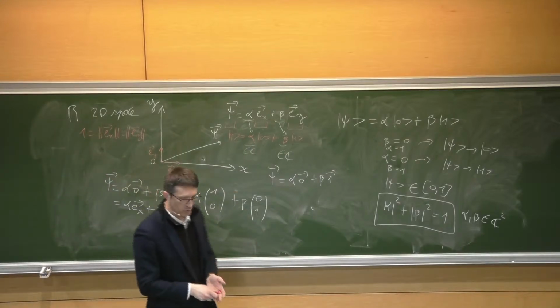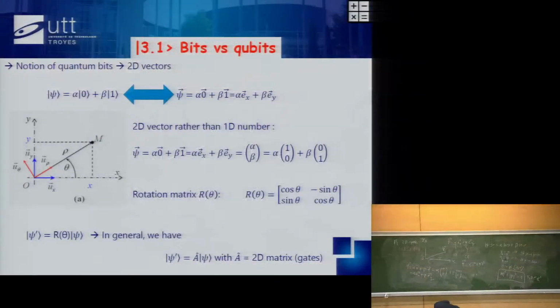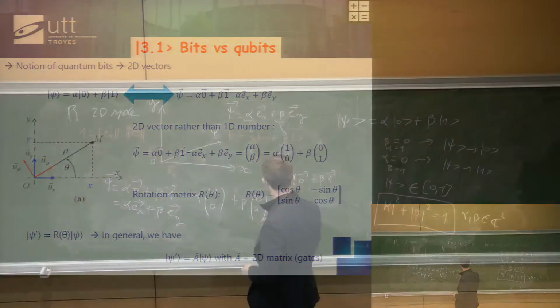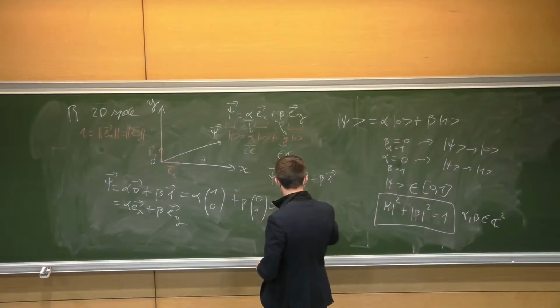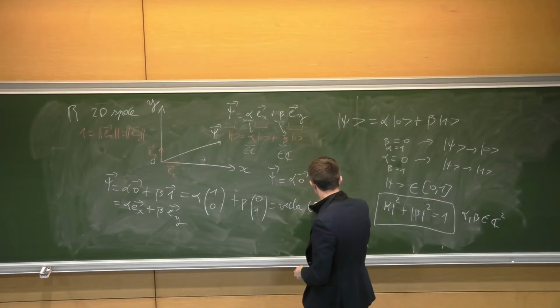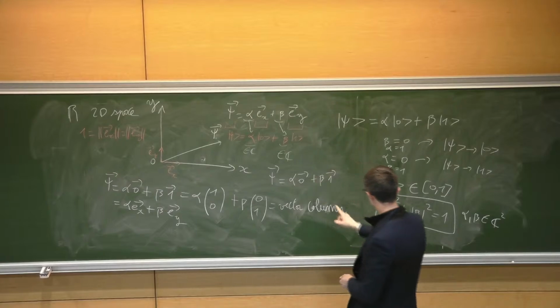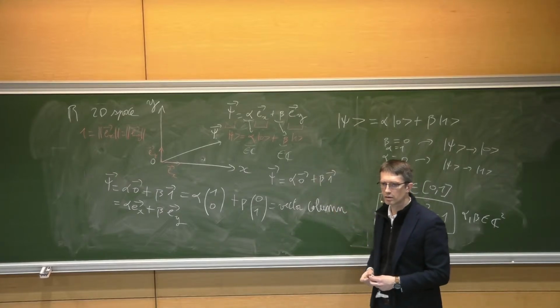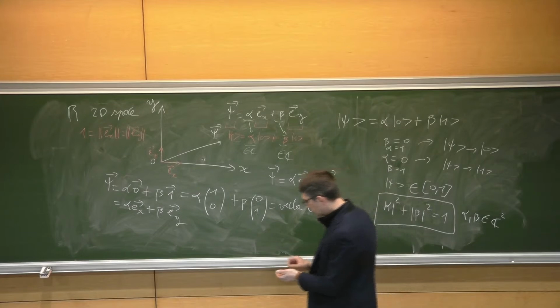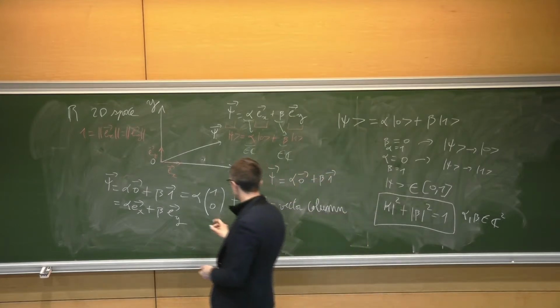You will see that the notion of a column vector is very important because we will see the idea of a row vector as well. So this is column vector notation. This would be for the kets we talked about.